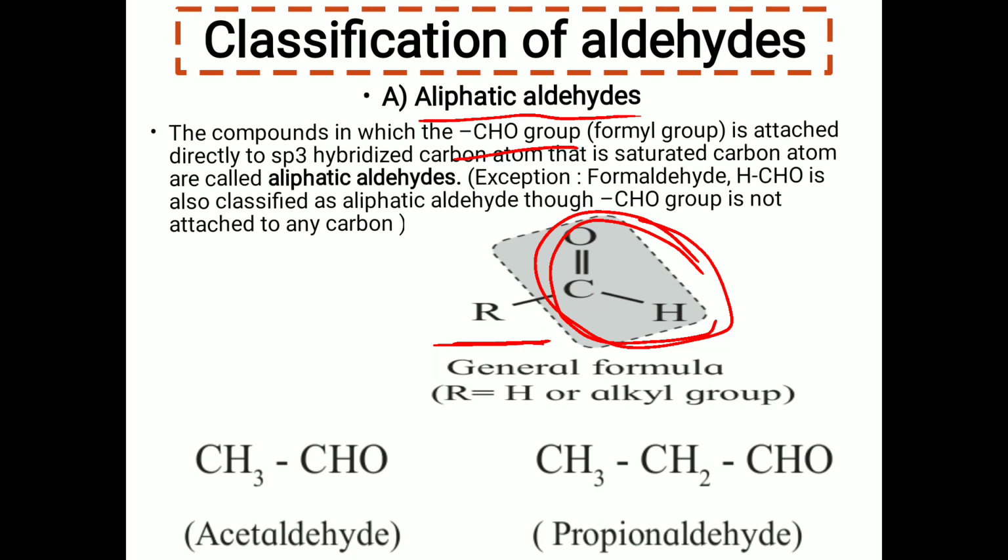Now this is the general formula for the aldehyde, RCHO, and an example of an aliphatic aldehyde is CH3CHO. Here the CHO, that is the formyl group, is common and R is replaced by CH3, so the name is acetaldehyde. In this case the formyl group is attached to CH3CH2 and the name is propanaldehyde.